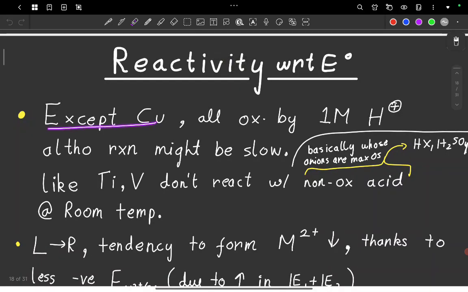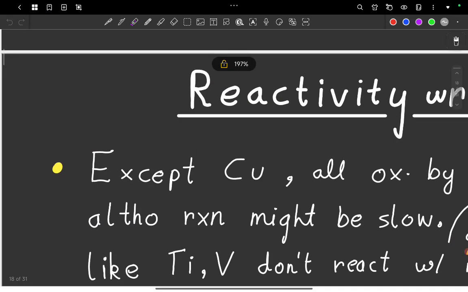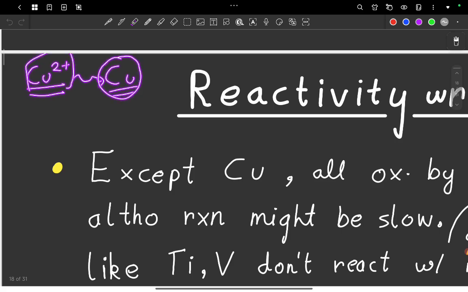Now, except for copper, all of them are oxidized by 1 molar H plus ions. What does this mean? Well, we studied in the earlier lecture that if you gave copper the option to stay in either the +2 state or in the metallic form, copper actually prefers the metallic form, unlike other elements of the 3D series.